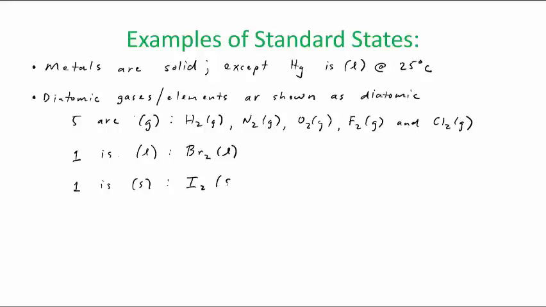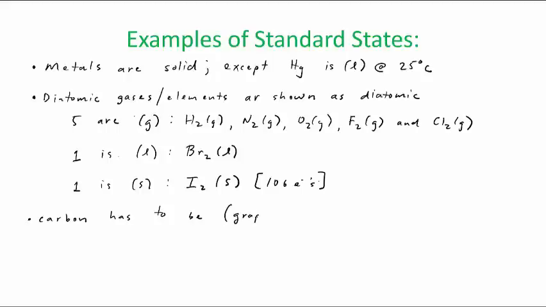And if you notice, that's because as you're going down, you're getting tons of electrons. By the time you get to iodine, I2 has 106 electrons. So at that point, the LDFs start getting really strong, and it starts becoming a solid. Some other things about these standard states: if you ever have carbon, its most stable state is graphite.